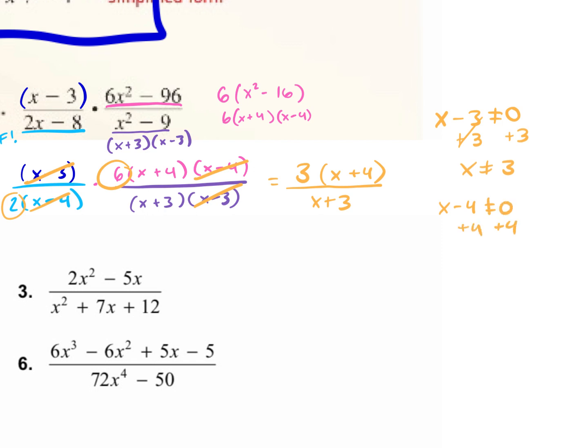So x does not equal 4. So in our answer, we just have to include that x does not equal 3 and 4. So 2 parts to our answer. You got the simplified part, and whatever you crossed out, you got to set that not equal to 0.